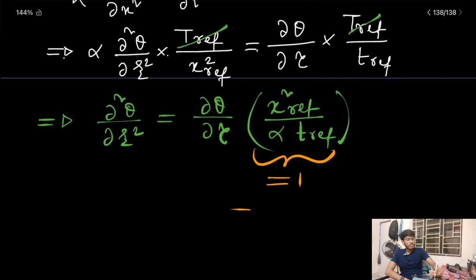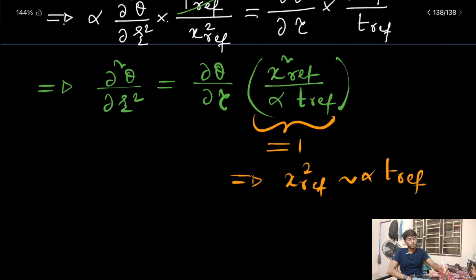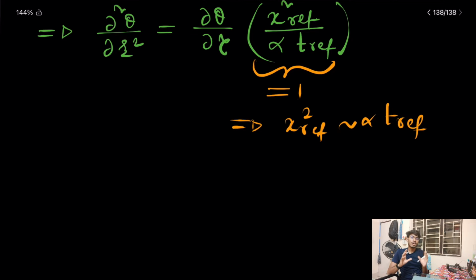So from this equation, my x ref is correlated with alpha and T ref. Now alpha is a constant, that is a property of the material, and that will be given to you. Clear? So now you see that from the problem, what is the length scale? What is the length scale describing the problem? That is the heat penetration depth, right?